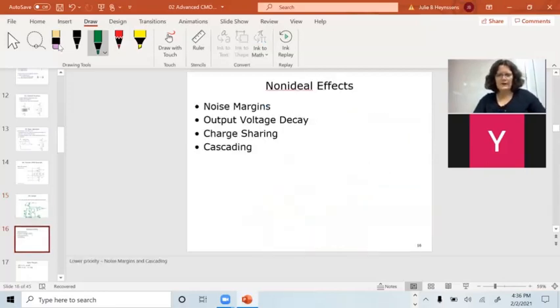Noise margins. Okay, so one of the things, we're going to talk about these in more detail. One of the things I lose compared to standard CMOS is my noise margins are going to get lopsided. The output voltage is going to decay with time, and I've got to deal with charge sharing. And if I cascade these, it gets even messier.